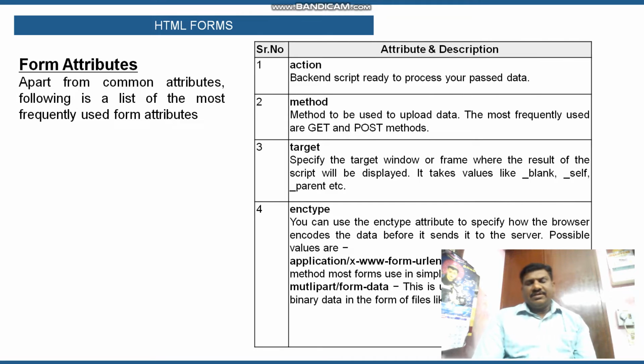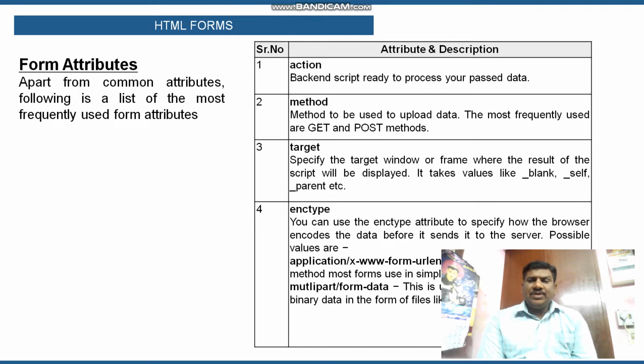There are different types of script like JavaScript, VBScript. Each and every script will be placed at the backend. The designing page will trigger that particular script. So which script has to be triggered for this particular form? That should be pasted in the action attribute.